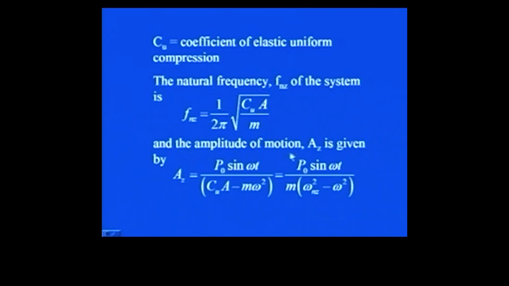Similarly, the amplitude of the motion, that is Az, will be given by this expression, P naught sin omega t divided by Cu A minus m omega square.